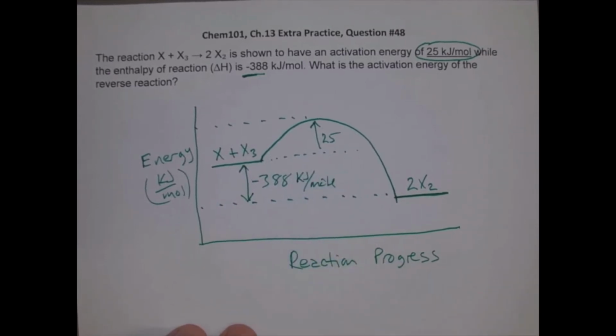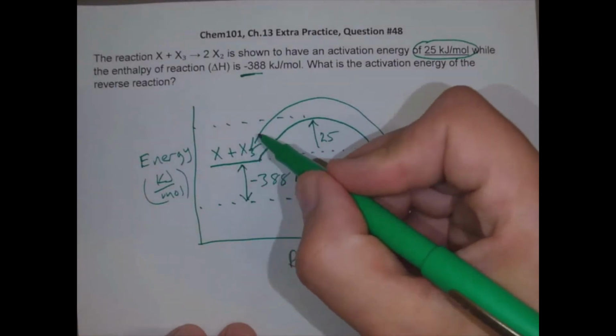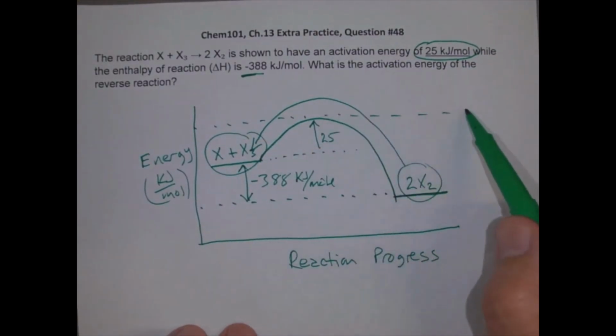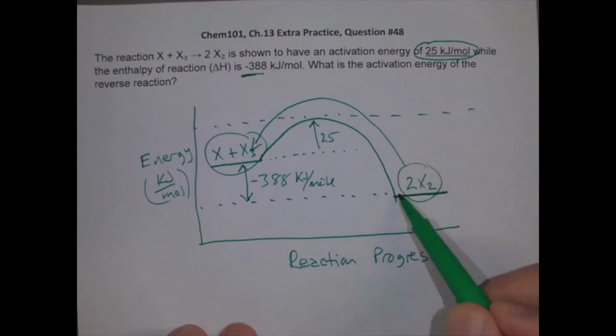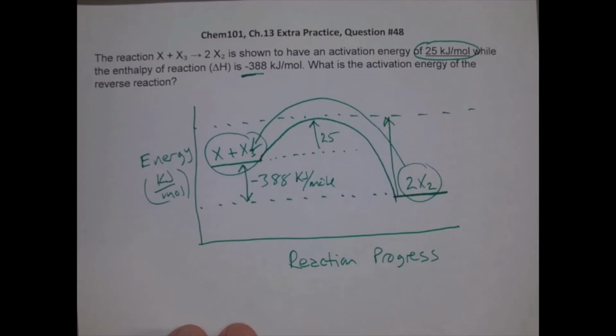Right? So if it asks me what's the activation energy, what's that energy barrier for going in the reverse direction. So if I want to take these guys and make them back into these guys, think about what the energy barrier is going to be. It's going to be this distance right here. It's got to go from this energy up to this energy.